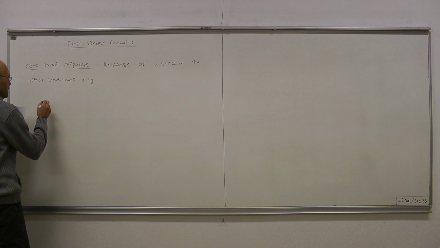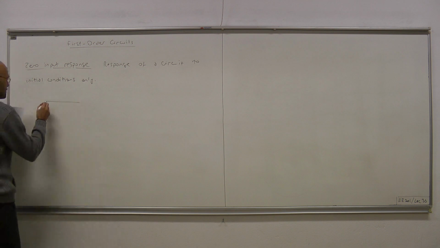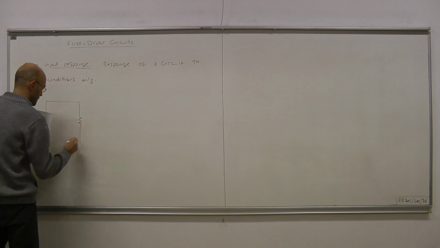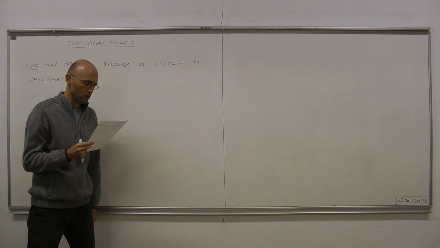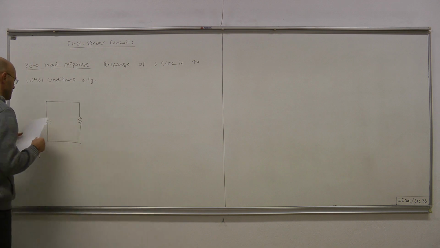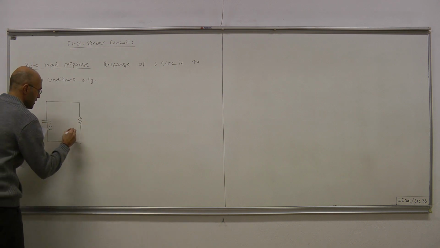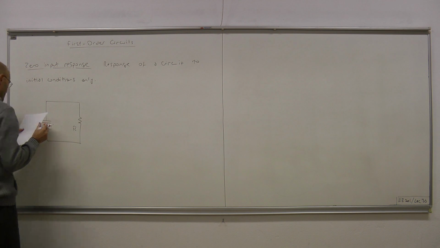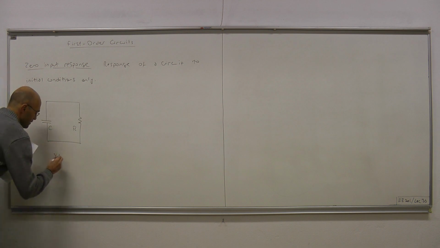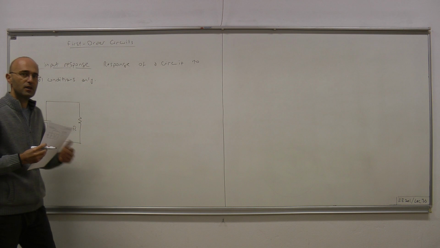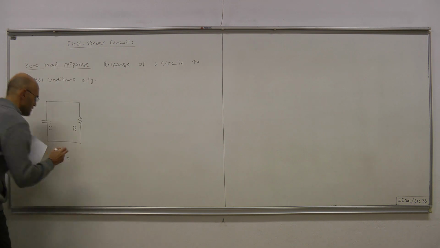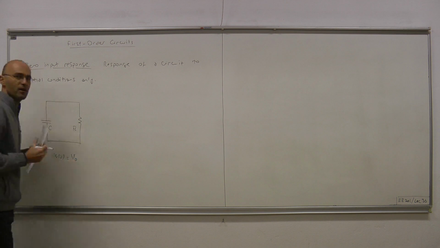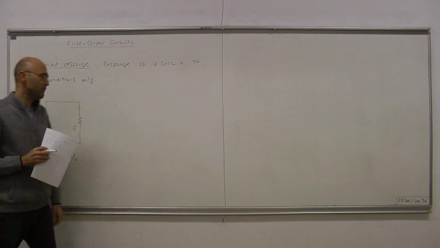So let's consider the simple case. We have a capacitor connected in parallel, or series, depending on how we look at it, with an LTI resistor. The capacitance is C, the resistance is R, and the initial voltage of the capacitor due to the initial stored charge is something we denote by V0.